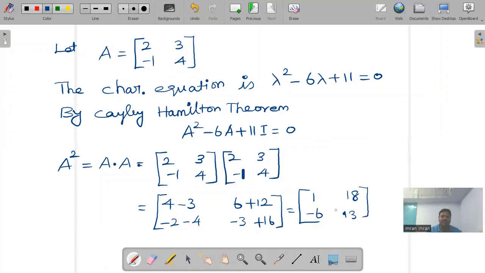This is A square. We have to substitute this A square in equation number 2. This is equation number 1 and this is equation number 2.